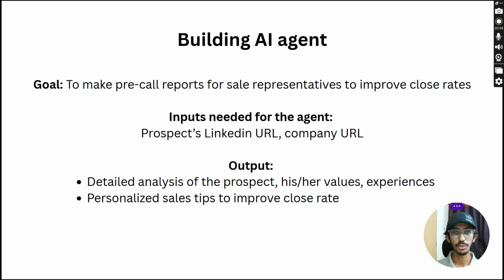If we input these things to our agent, it will give output in the form of a detailed analysis of the prospect, their values, experiences, and also personalized sales tips to improve close rate.